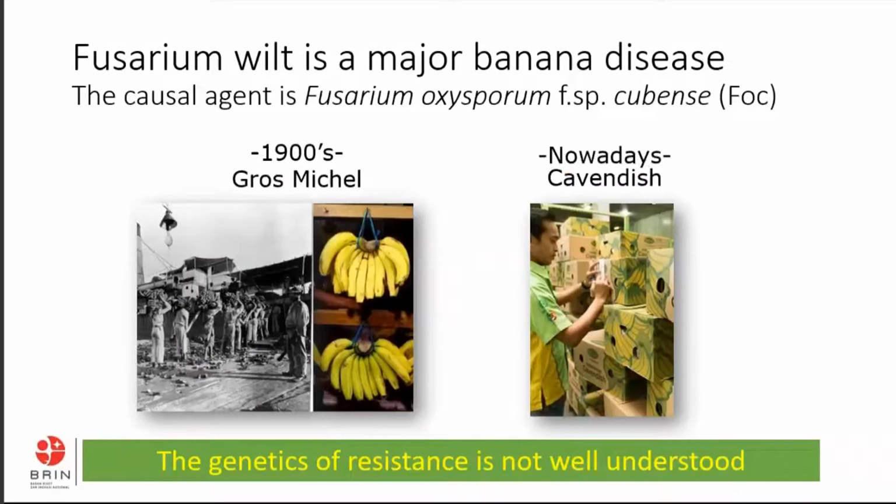The disease changed the major banana production after the Gros Michel banana industry collapsed in the 1950s. In the beginning of the banana industry, Gros Michel was the most produced by banana companies in tropical America in the 19th century. But since the malady occurred and it was not possible to replant banana in the same soil, farmers changed the banana to Cavendish, which is resistant to the disease.